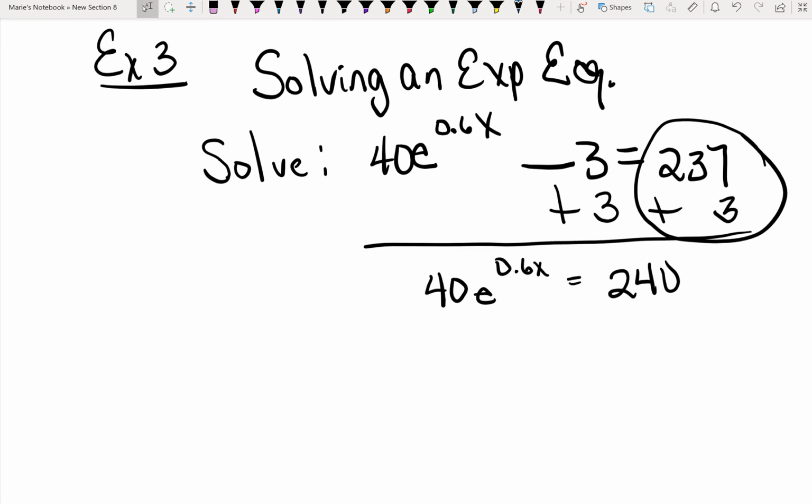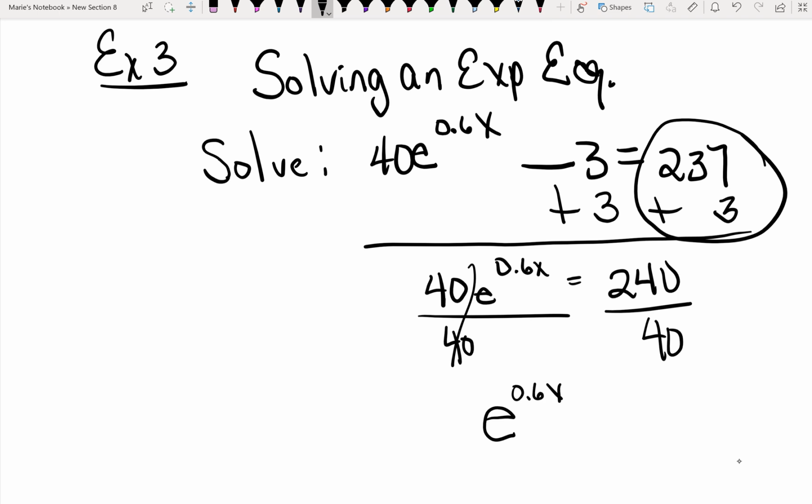Next, I'm going to simply divide by 40 on both sides. So this will cancel, and this leaves me with natural base e raised to the 0.6x is equal to 6, because 240 divided by 40 is 6.